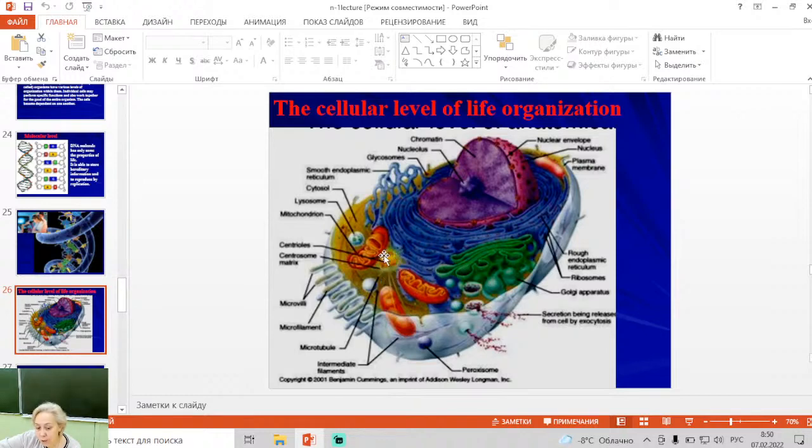Centrioles produce elements of the cytoskeleton of the cell: microtubules. Lysosomes have a trophic function and a function of defense. Microvilli are on the surface of the membrane. The skeleton of microvilli consists of microfilaments.